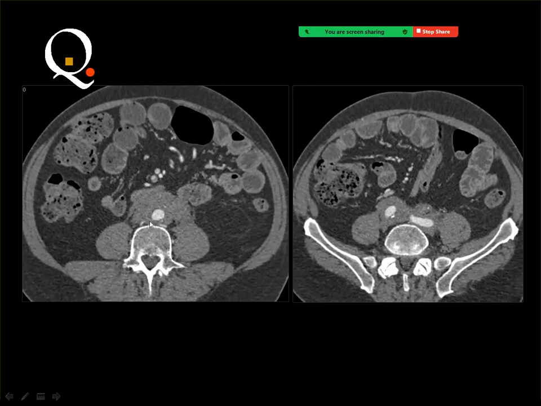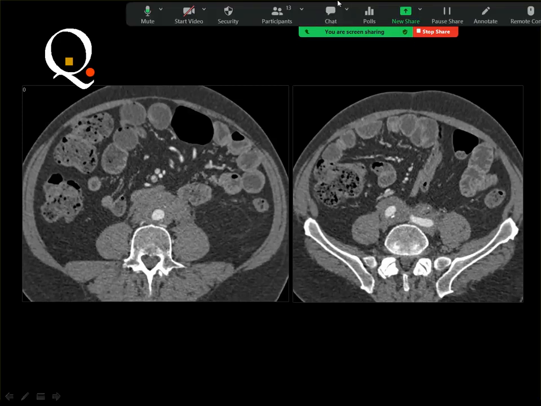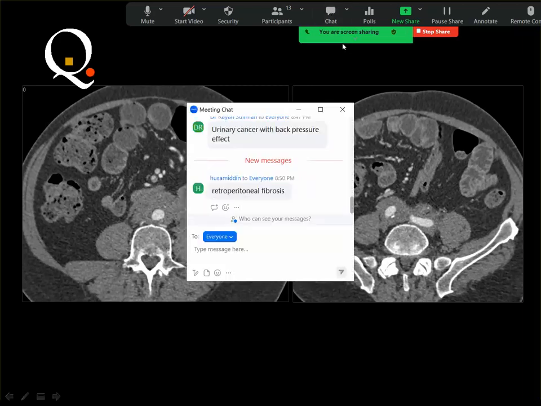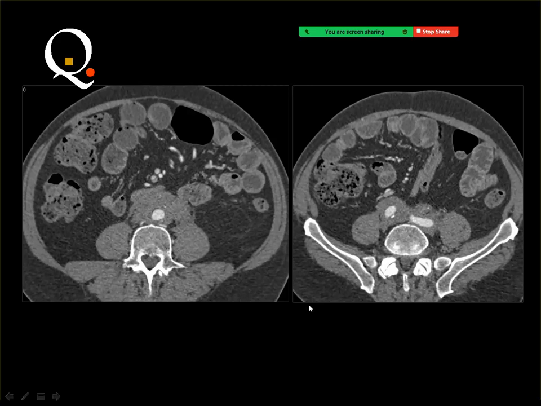in the region of the aorta and iliac arteries. Yes, the answer is right.